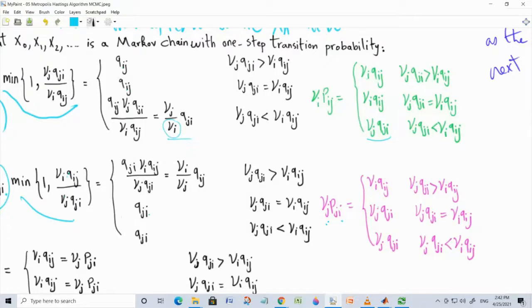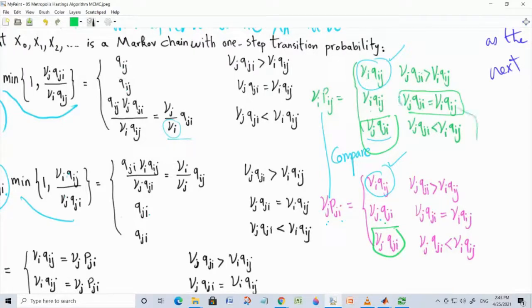Now compare these two guys. This looks different from that, but this is actually the case in which the two guys are exactly the same.